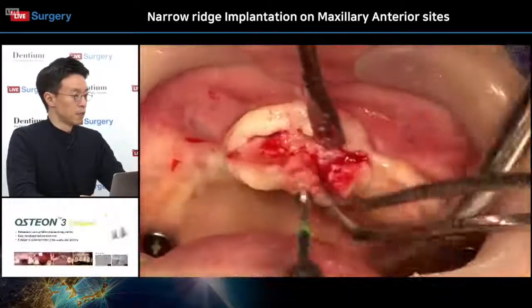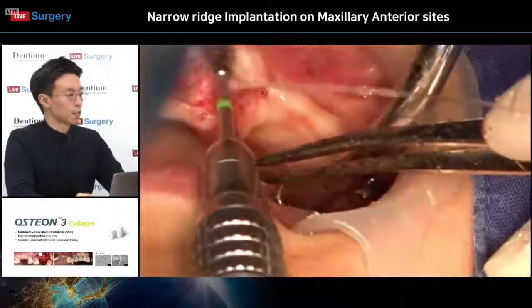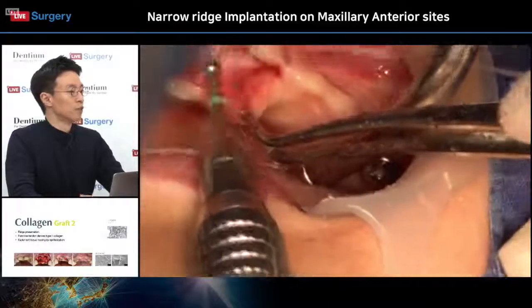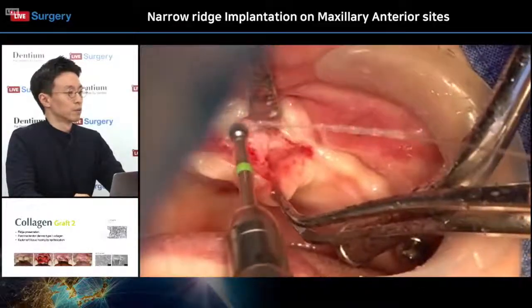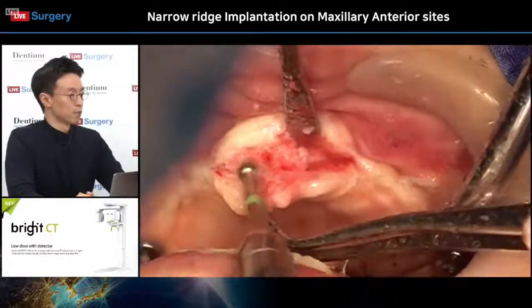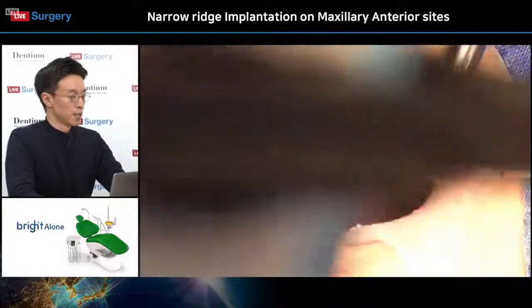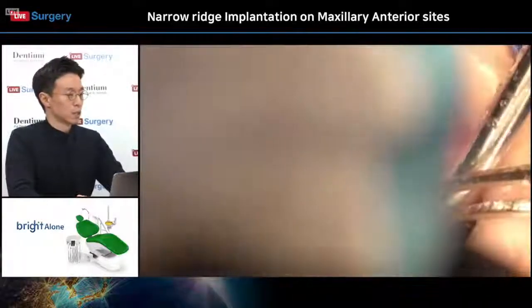A low-speed round bur can detach the granulation tissue from the host bone. During this procedure, saline irrigation is very important.